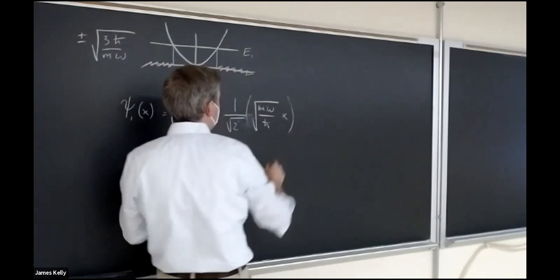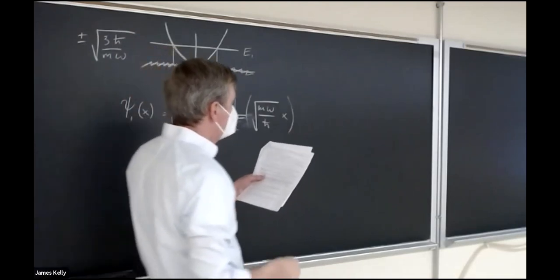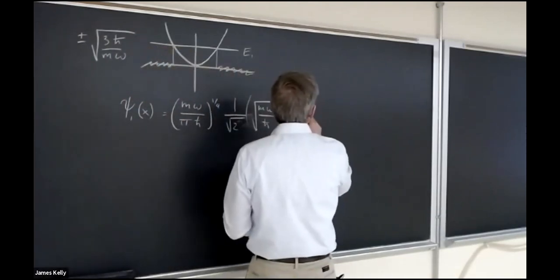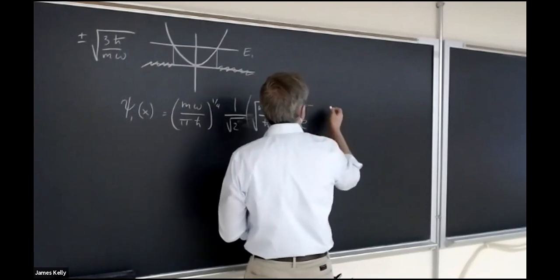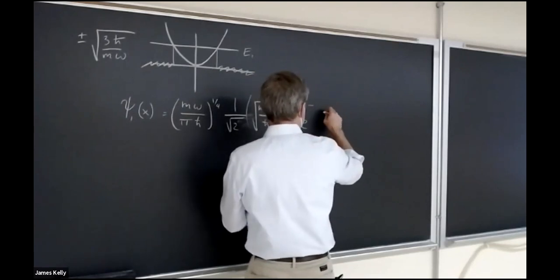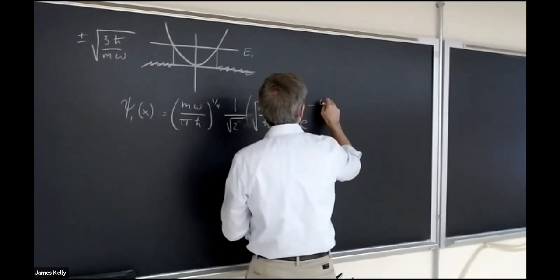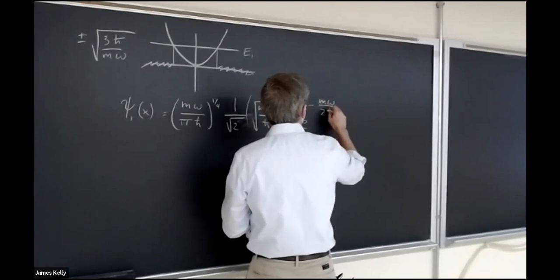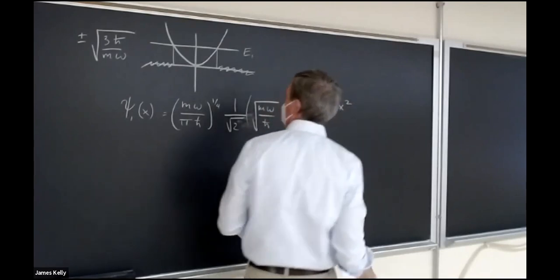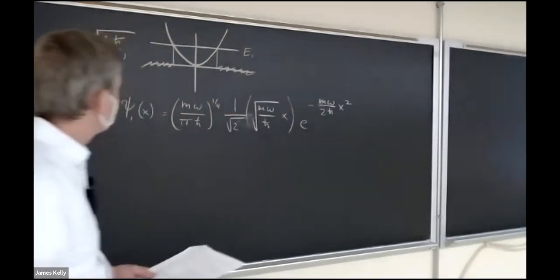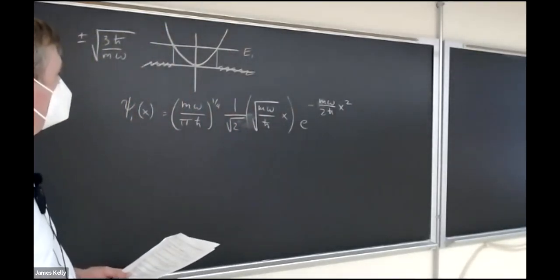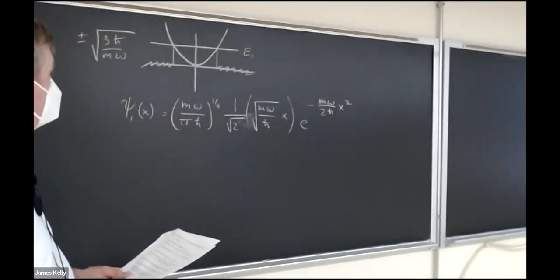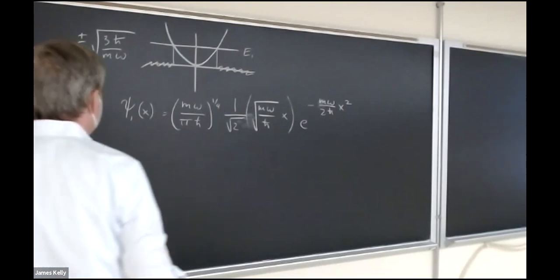That's my H1 of xi. And then I have e to the minus xi squared over 2, which is m omega over 2 h bar x squared. Okay, so far, that's just specializing to n equals 1 in the general formula.